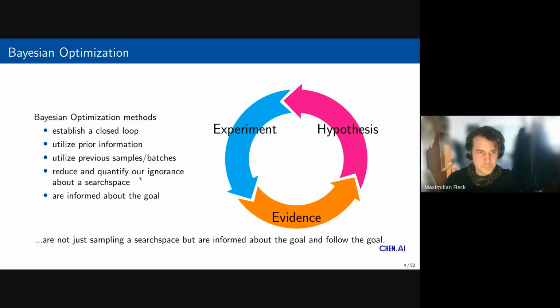BO is explicitly informed about the goal of the campaign, which is quite important. So we are not just sampling a search space, but are informed about the goal and follow the goal. This is a difference to more classical optimal experimental design methods.